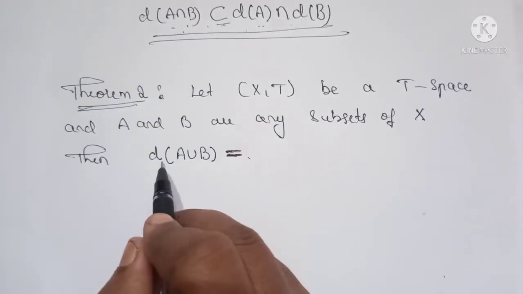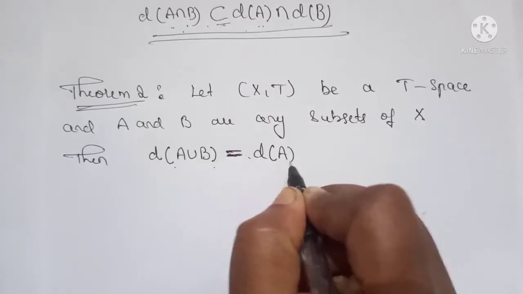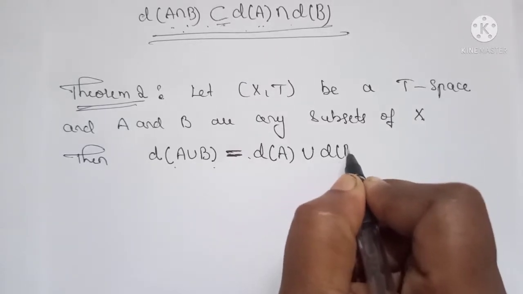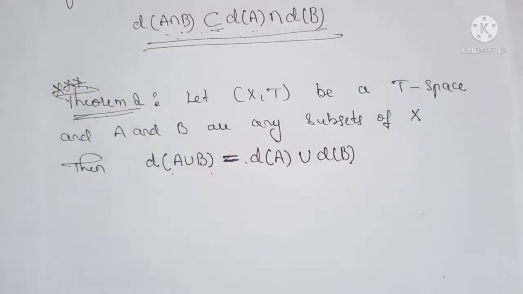For union, the derived set of A union B is equal to the derived set of A union the derived set of B. Okay, this is a very important property for your exam.